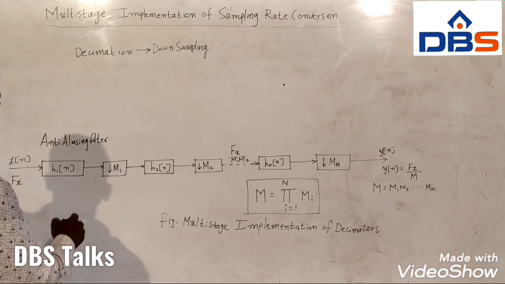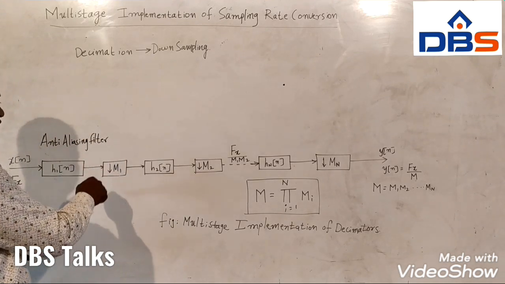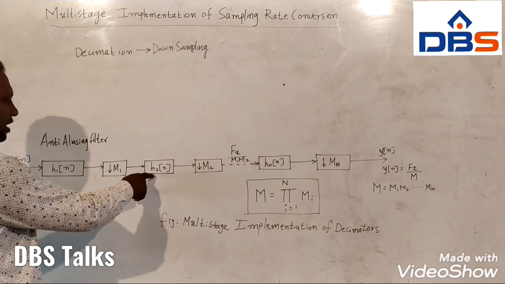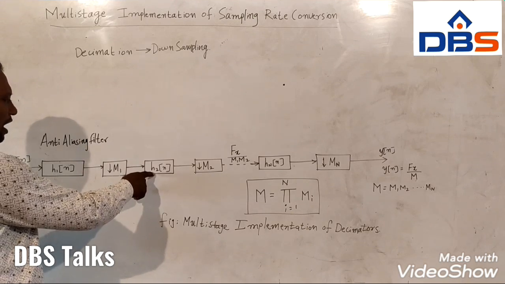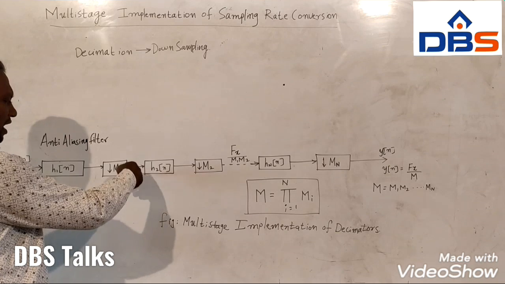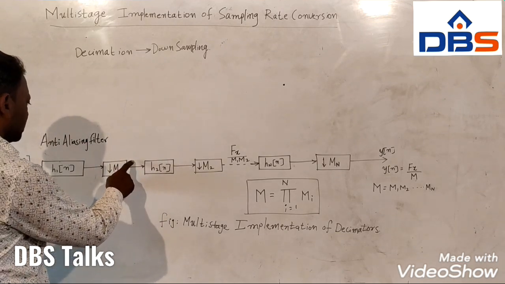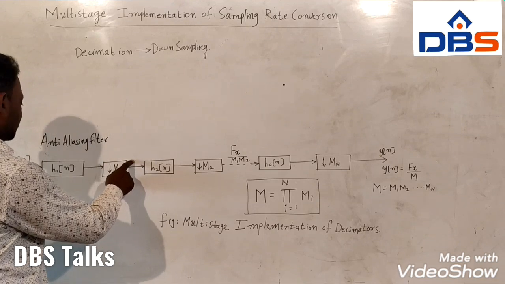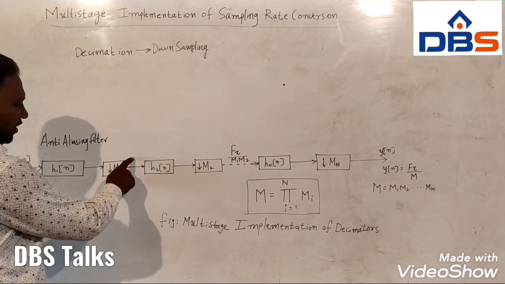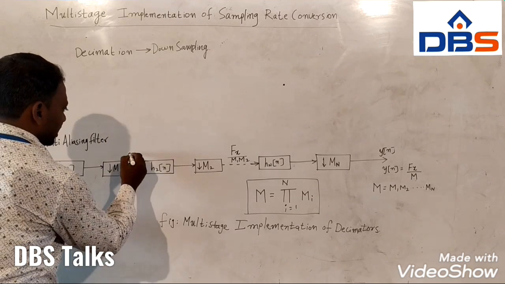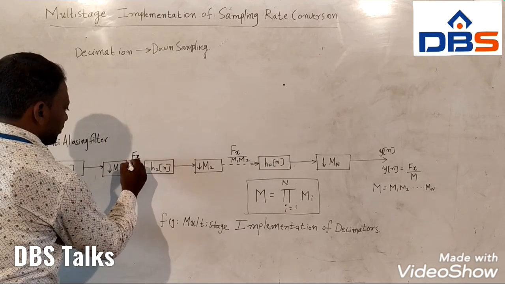After that, instead of down sampling completely by 10 or 50 or 100 in a single stage, we do some decimation in the first stage, decimate further after that, and in the final stage decimate again. This is capital N. Like this we can do multi-stage decimation.